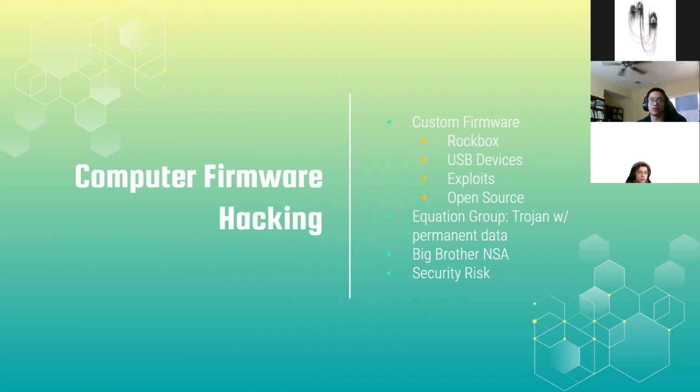They found a way to write data into your hard disk and your memory so that even if you try wiping your own disk, it doesn't get erased because it's put in certain areas. So the NSA might use this to track us. We never know. It is a security risk.